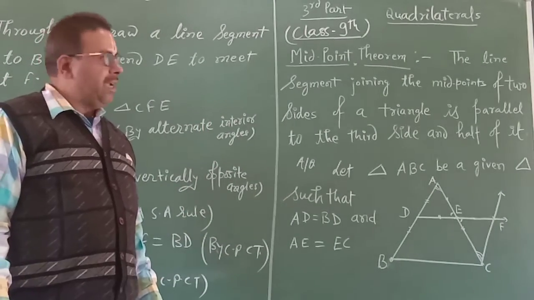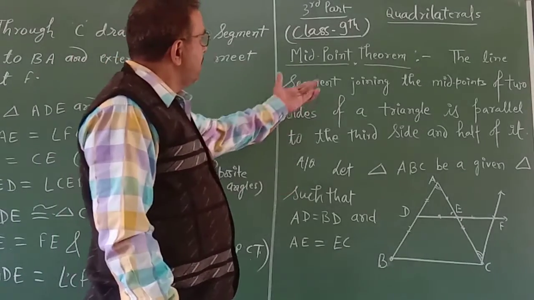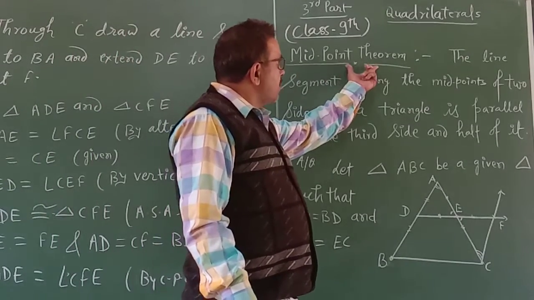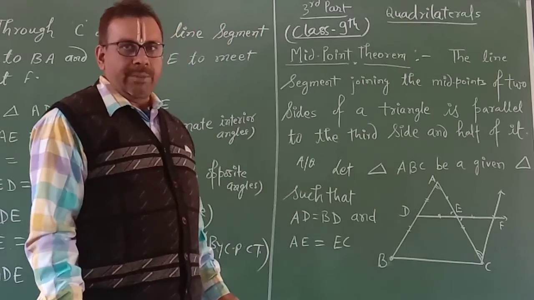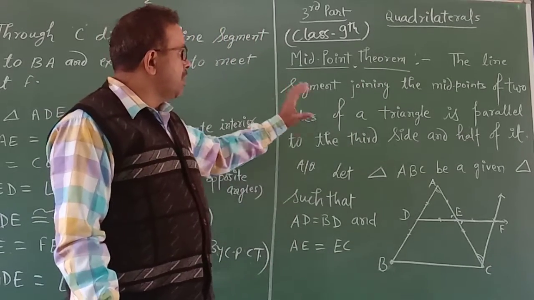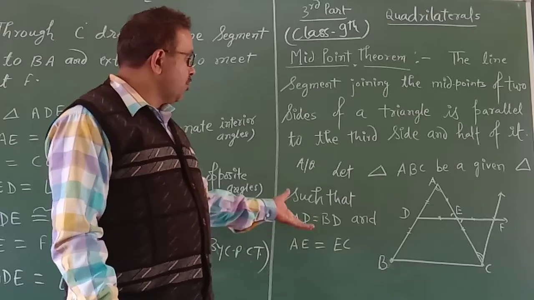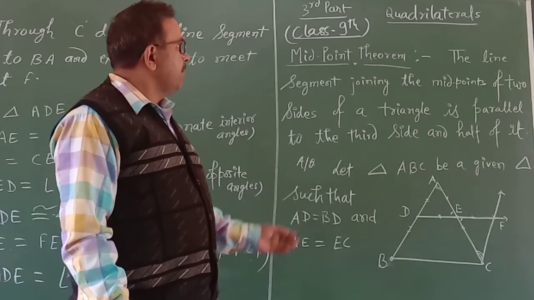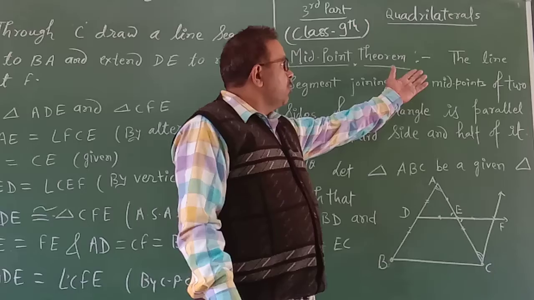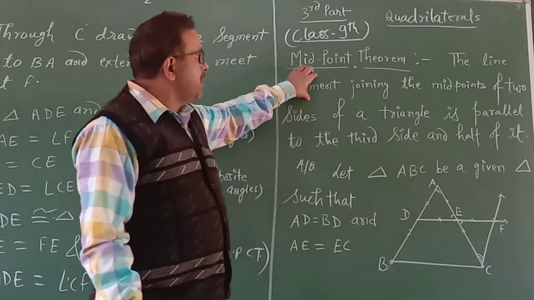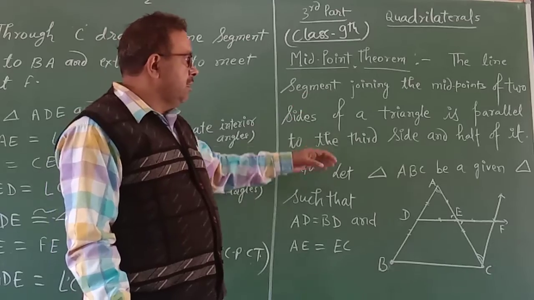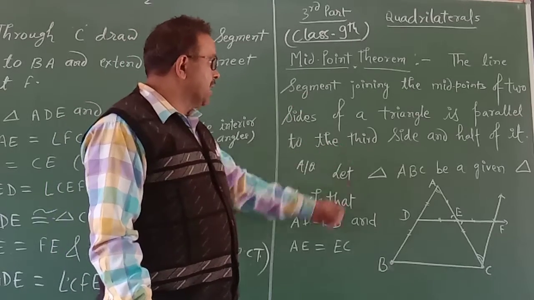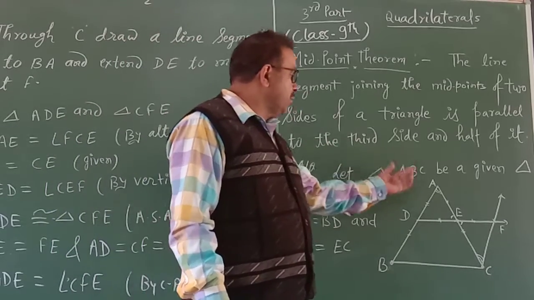What is the midpoint theorem, what do we call it, and you should also learn to solve the problems of the midpoint theorem. You do not just need to know the statement, but also to solve problems. The statement of the midpoint theorem: the line segment joining the midpoints of two sides of a triangle is parallel to the third side and half of it.